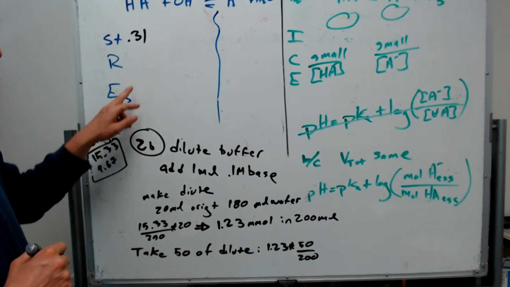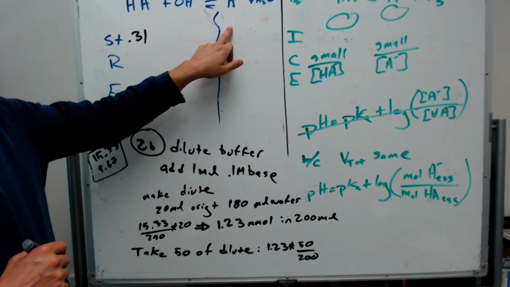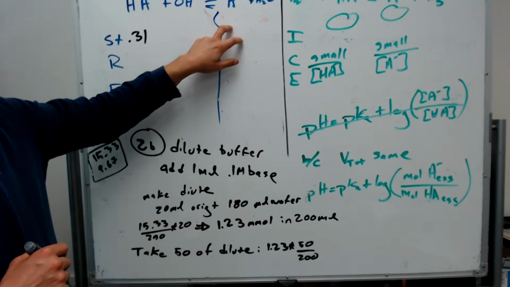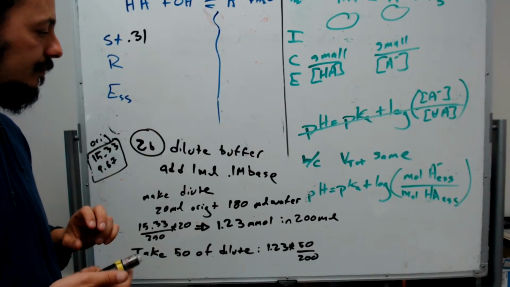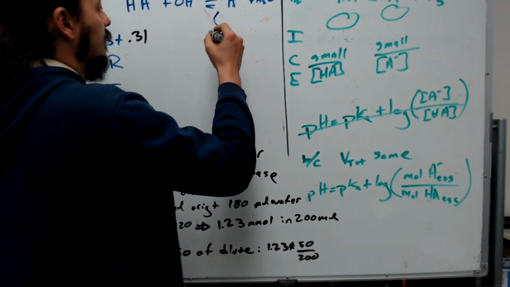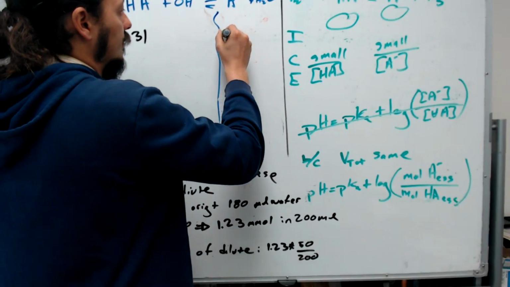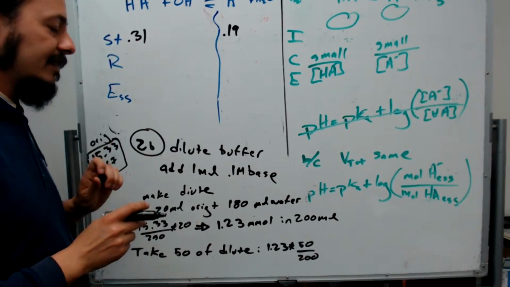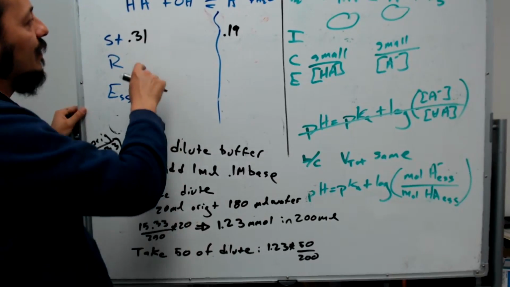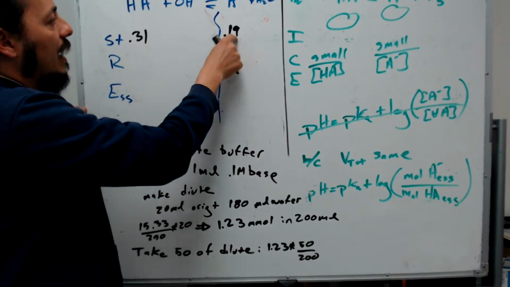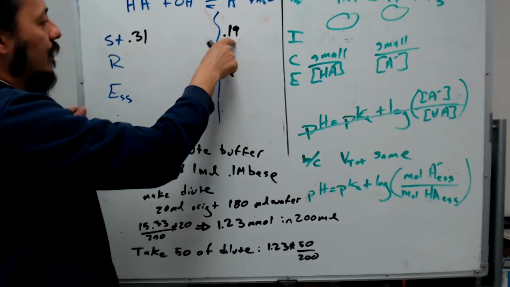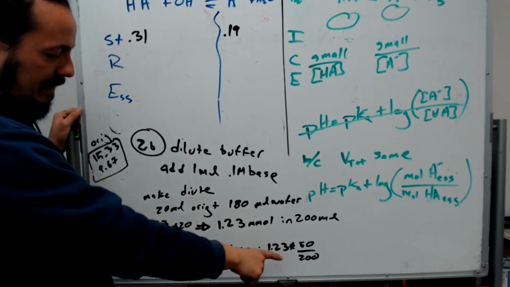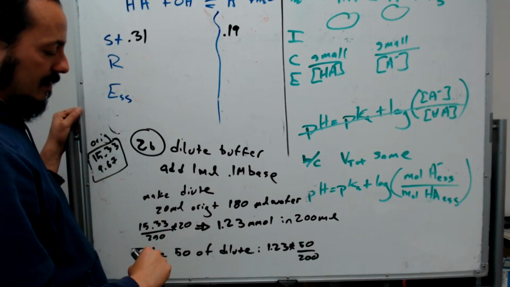Did you calculate the A minus? 0.19. Okay. Now, this is where it gets interesting. Notice the amount of HA and A minus you have when we take this double cutting of it.